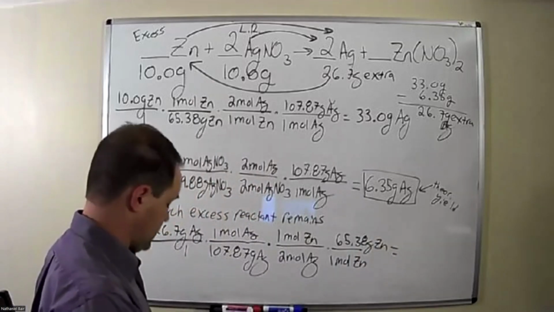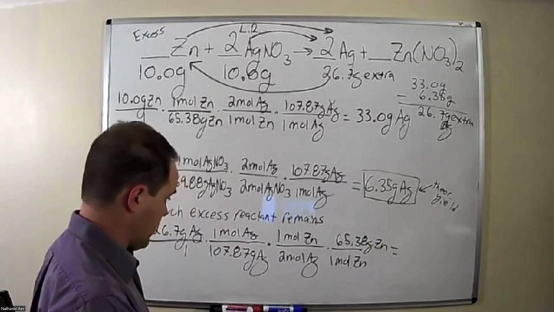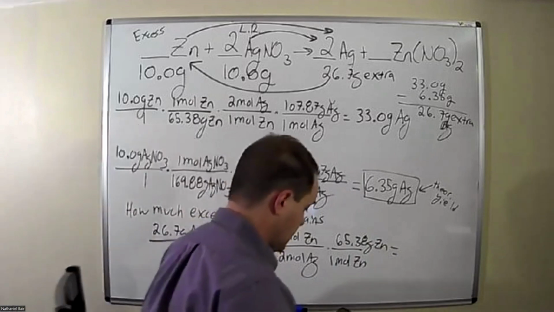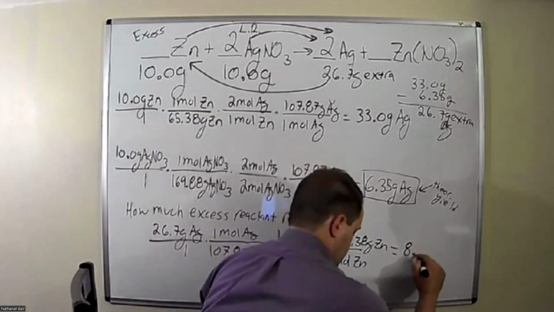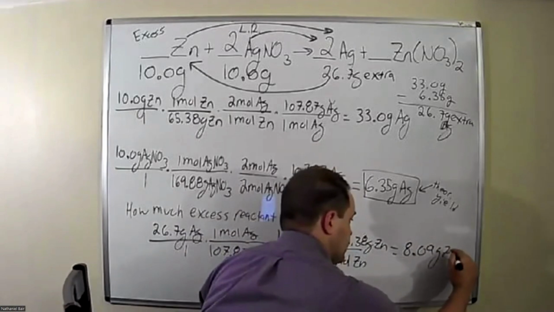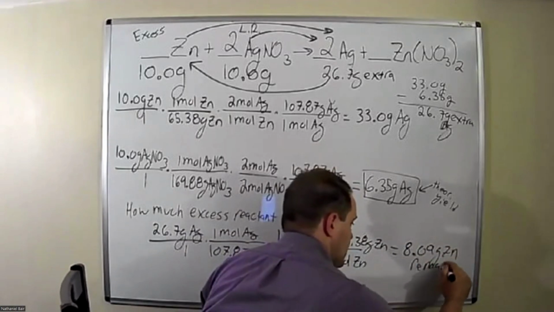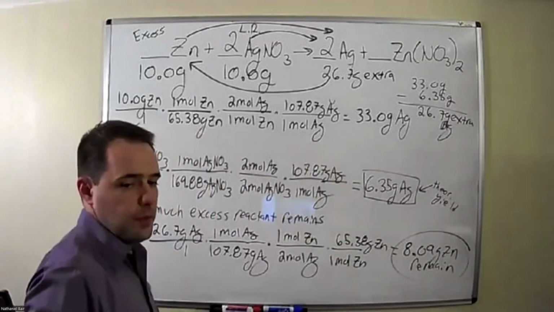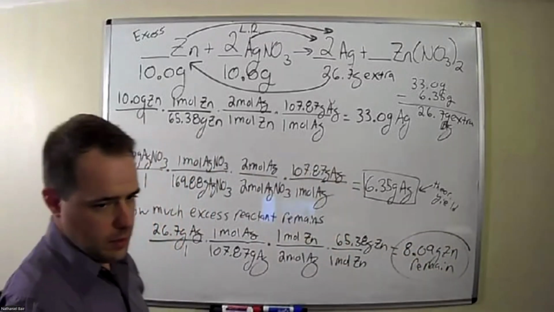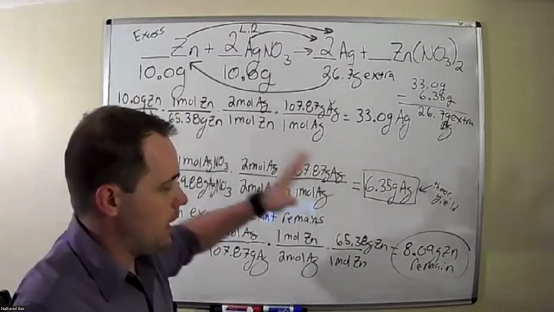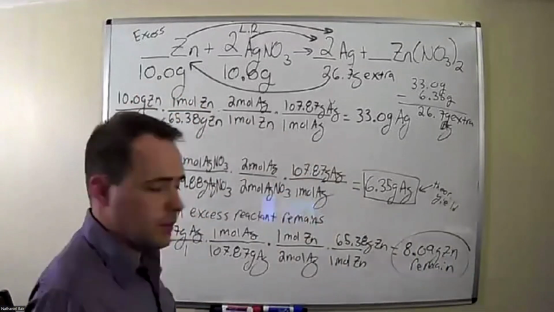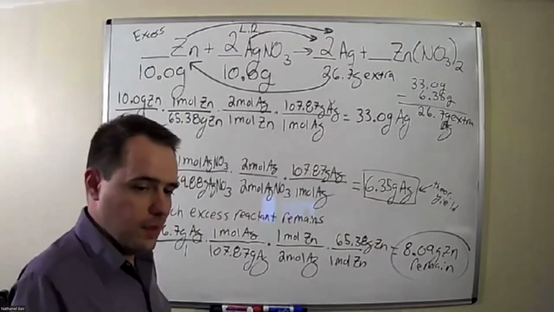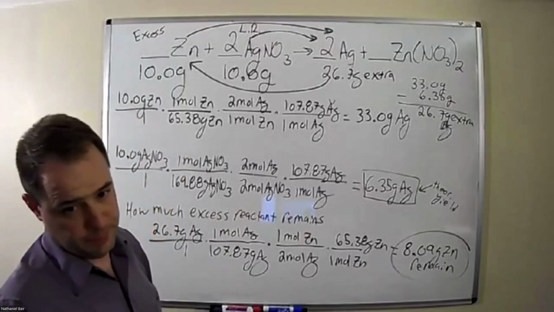So 26.7 divided by 107.87, divided by 2, times 65.38, and we get 8.09 grams of zinc remain. 8.09 grams of zinc would remain unreacted. So we put in 10 grams and 8.09 grams of zinc would still be sitting in there. Only 1.91 grams were able to actually react.